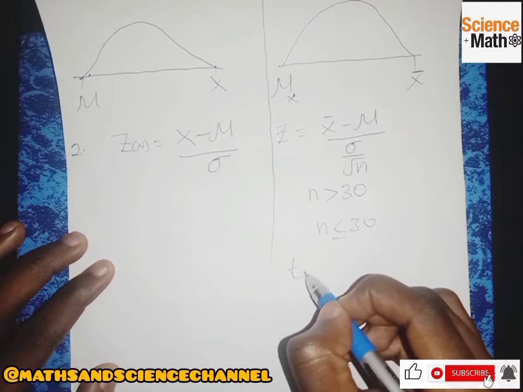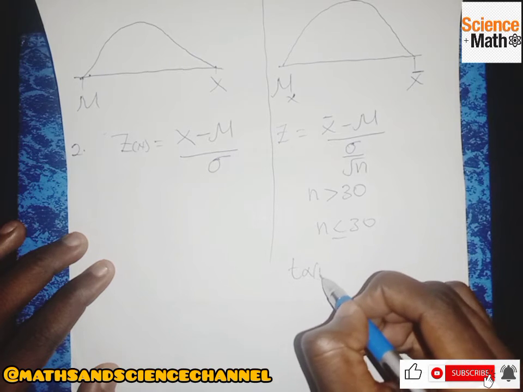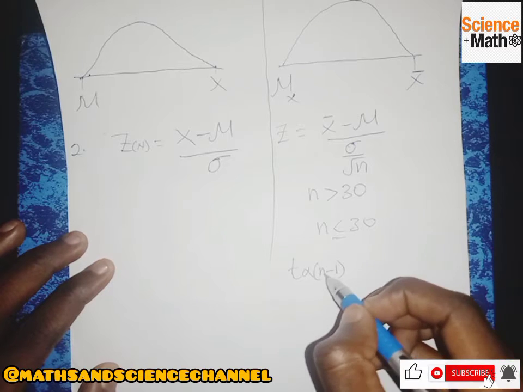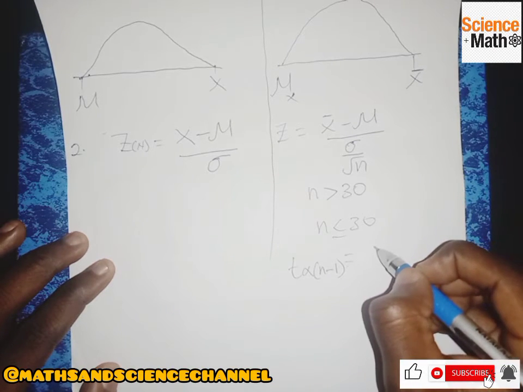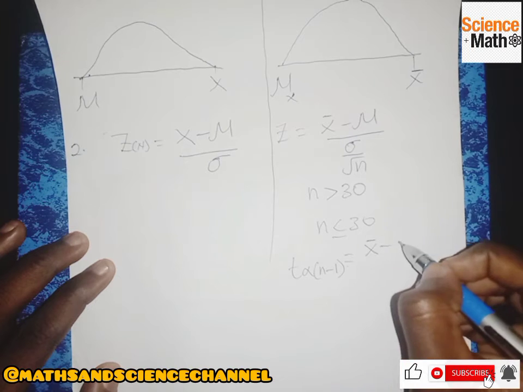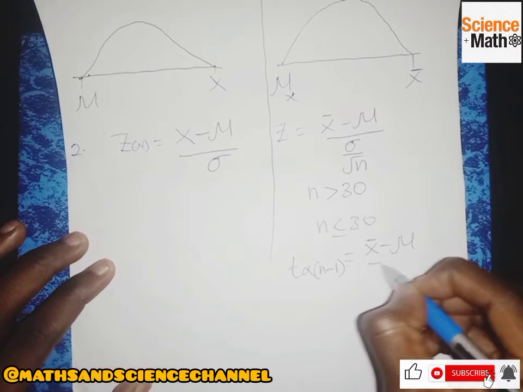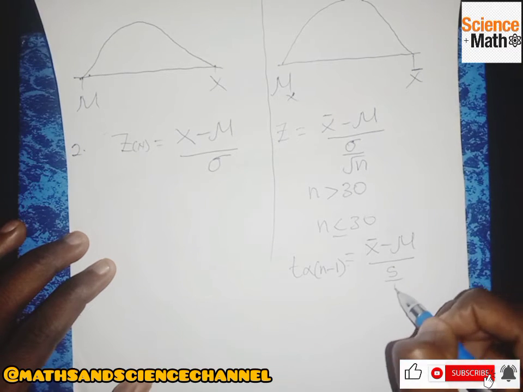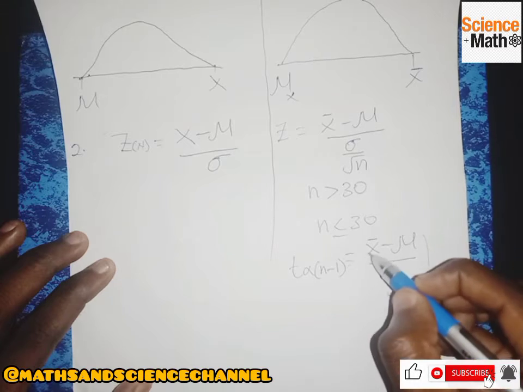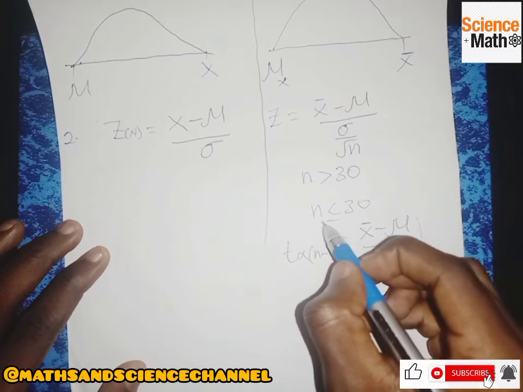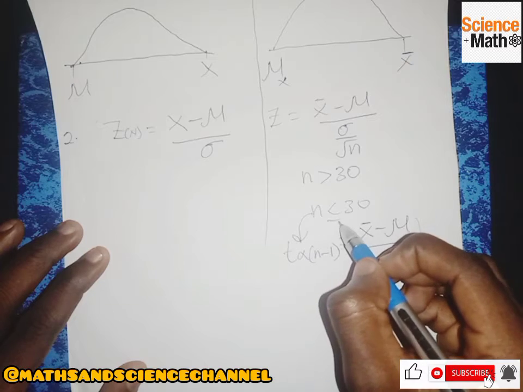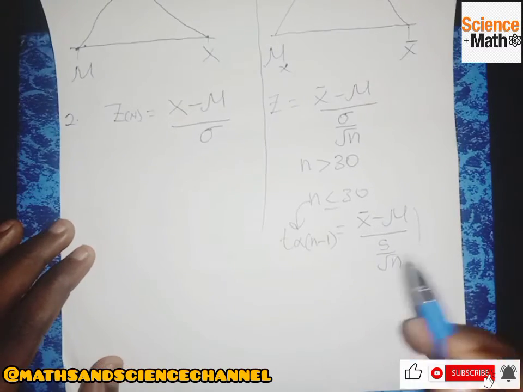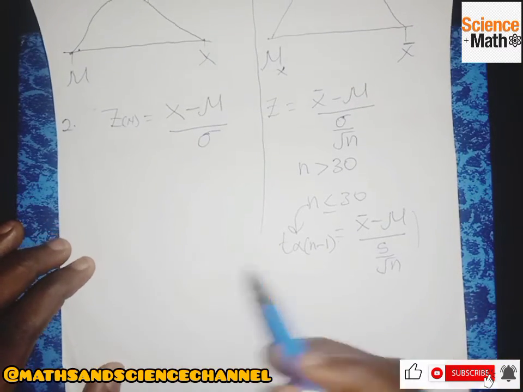The t distribution is given by some alpha and degrees of freedom n minus 1, equal to the sample mean minus mu divided by the standard deviation, written as s, divided by the square root of n. We use this formula when n is less than or equal to 30, and when n is greater than 30, we use the z-score formula. Okay, so that is basically that.